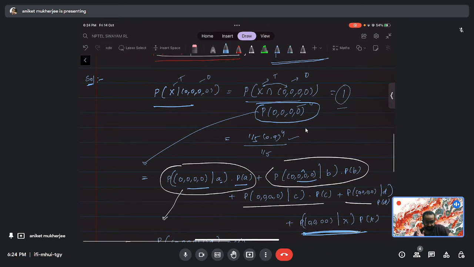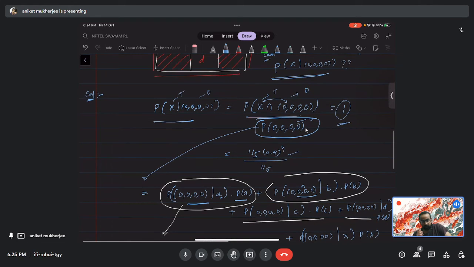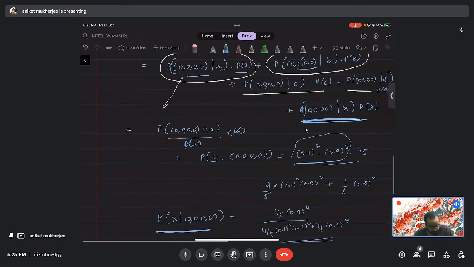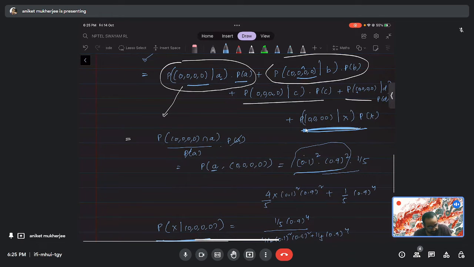I hope this is clear. Why is it 1 if the sensor accuracy is 100%? So you are given that your observation is 0, 0, 0, 0, and you know that your sensors don't make any mistake. So what is the probability that it will lie at X? It will lie at X because your sensor makes no errors. So now this term goes to 0, this term goes to 0, this term goes to 0, this term goes to 0.